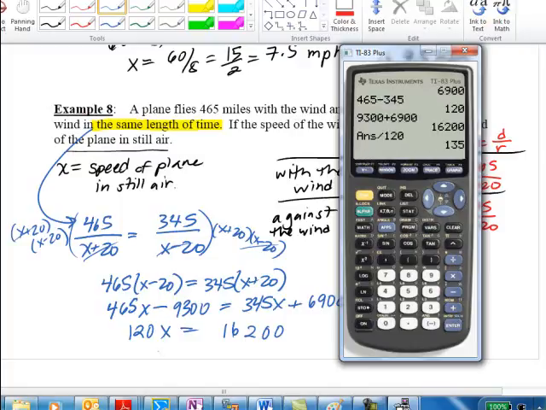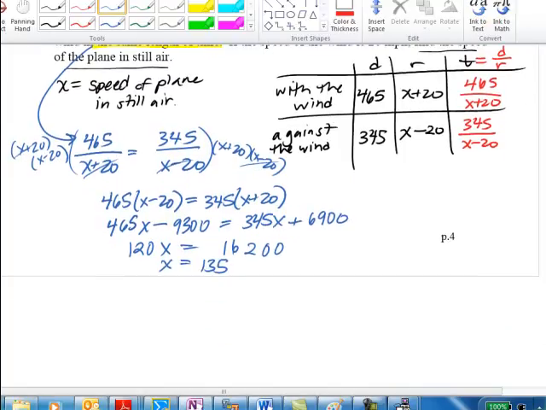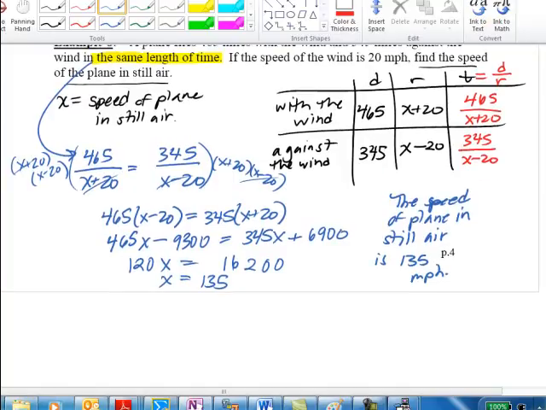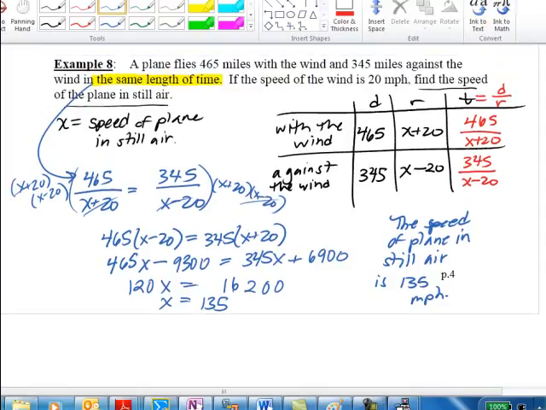So 135. So the speed of the plane in still air is 135 miles per hour. There. So hopefully that gives you an idea of the different types of problems you'll run into in this section 7.6.